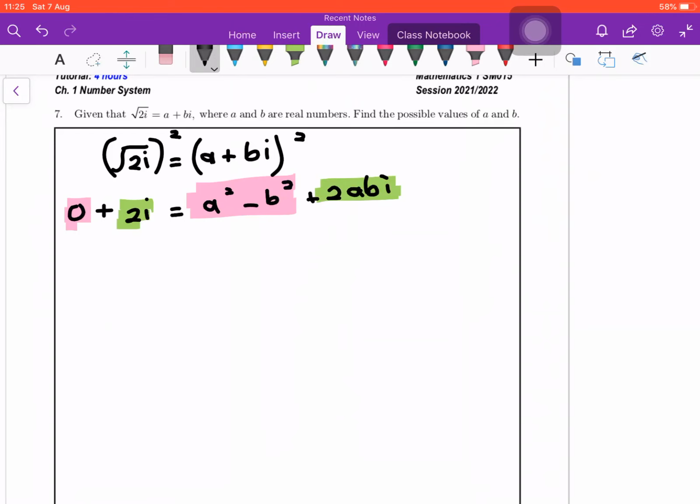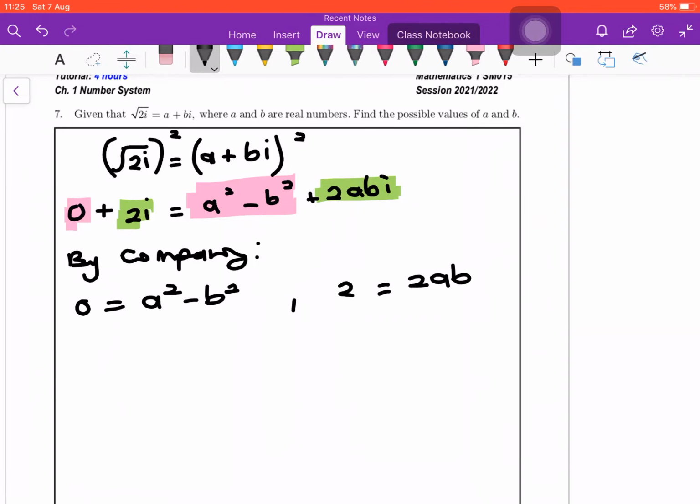Compare dengan tambah kosong lah. Okay, so by comparing. Okay. So, the first one iaitu yang pink, kosong sama dengan a square minus b square. This one is for real parts. And for imaginary parts, 2 sama dengan 2ab.